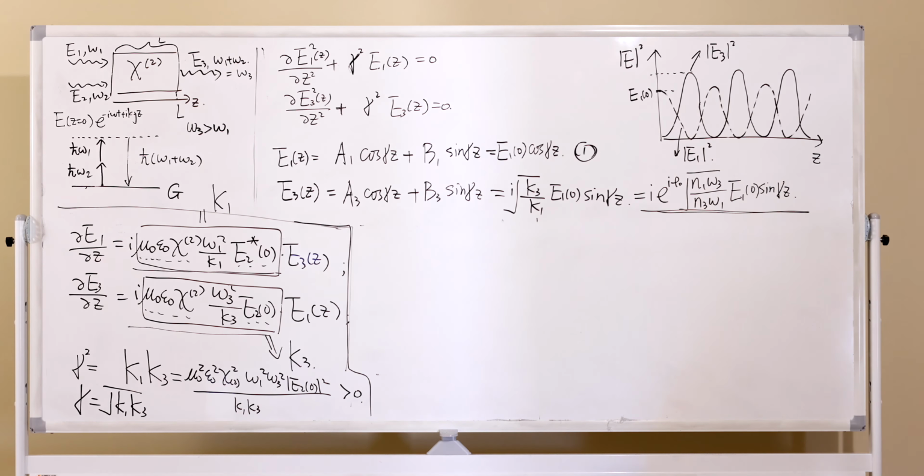Because you have one less photon in your omega 1 light. So the more omega 3 you generate, the less omega 1 you have. And now imagine the extreme situation when you have no omega 1 photon. Then this sum frequency process has to stop, right? Because you have no supply of omega 1 photon.